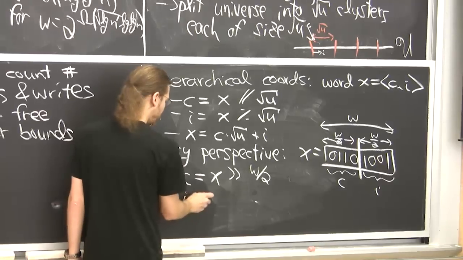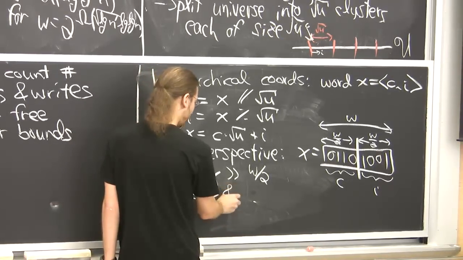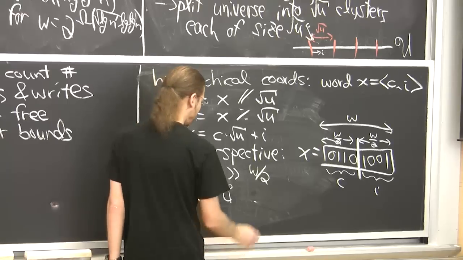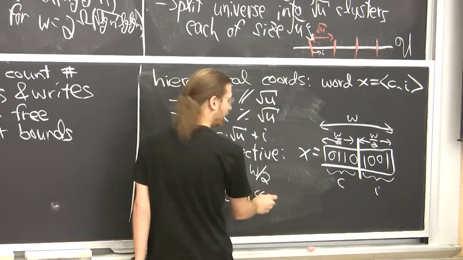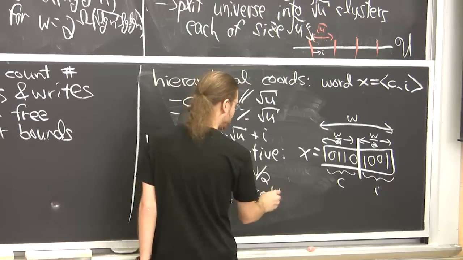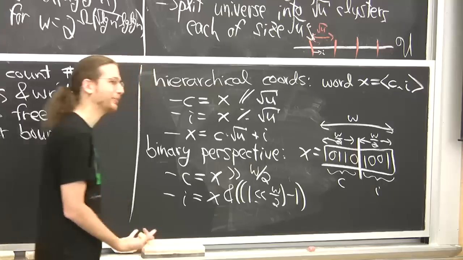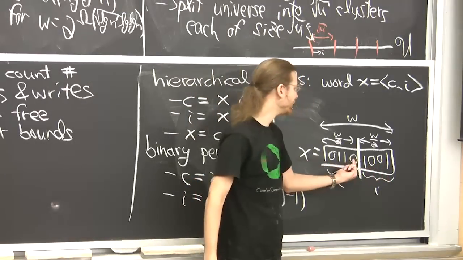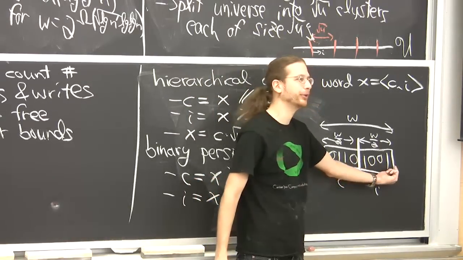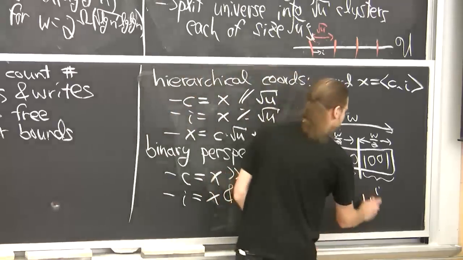If I want i, it's slightly more annoying, but I can do it as an AND with 1 shifted left by w over 2, minus 1. That's probably how you do it in C. If I take a 1 bit, I shift it over to here, and I subtract 1, then I get a whole bunch of 1 bits. And then you mask with that bit pattern. So I'm masking with 1, 1, 1, 1.